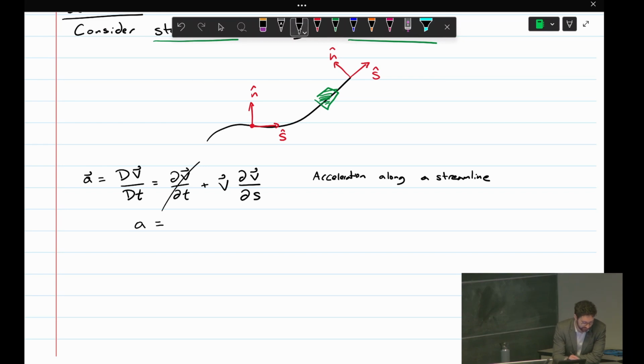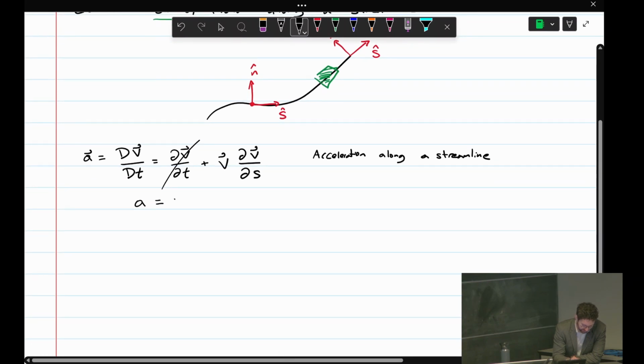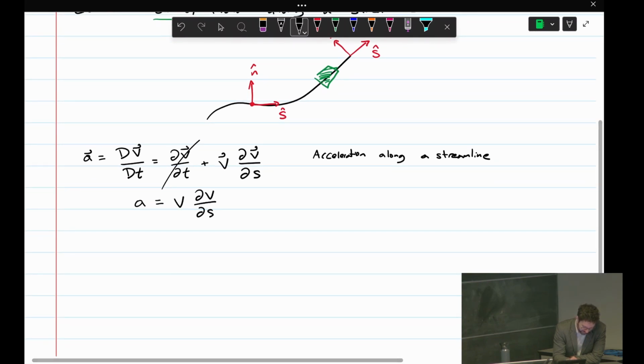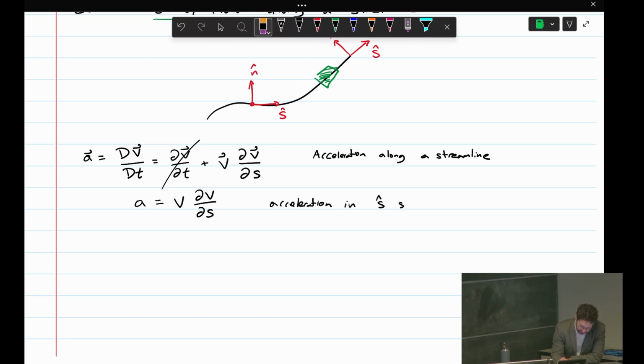So we can simplify this to just v partial v by partial s. So this is the acceleration in the s hat direction.